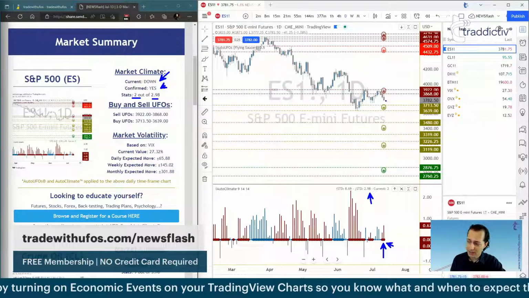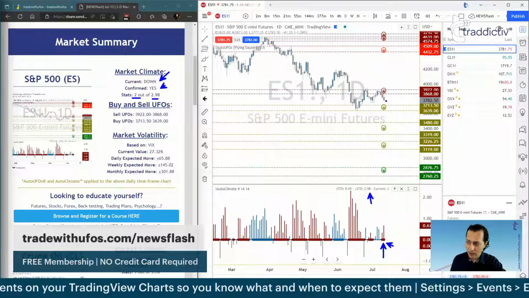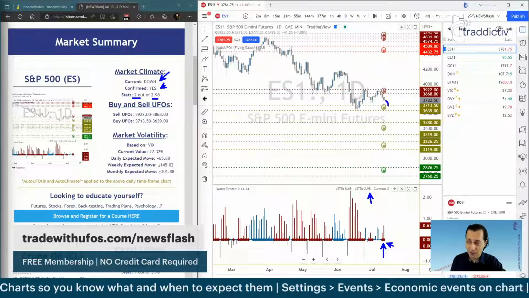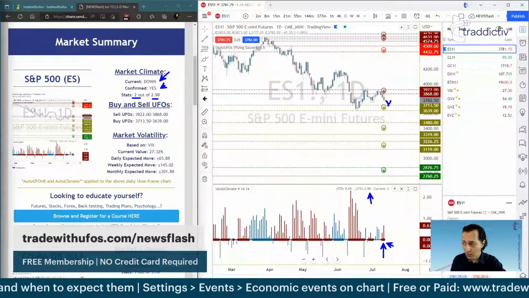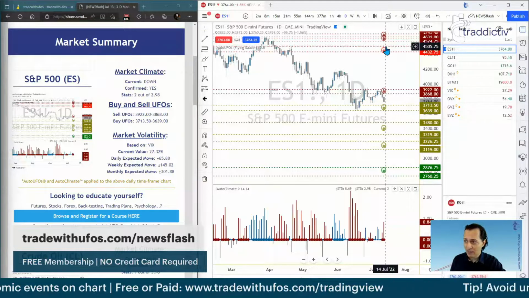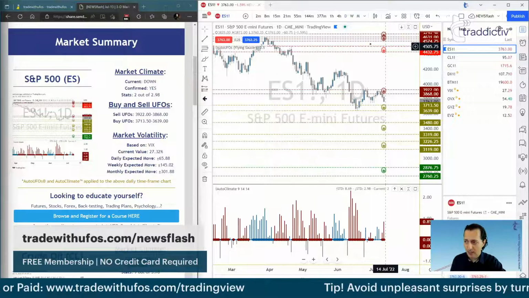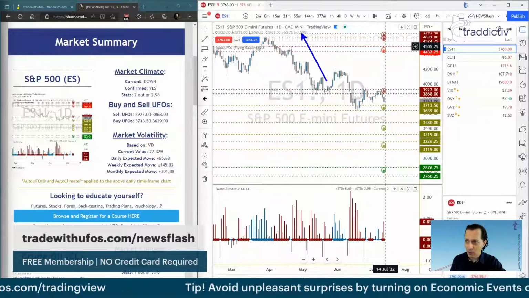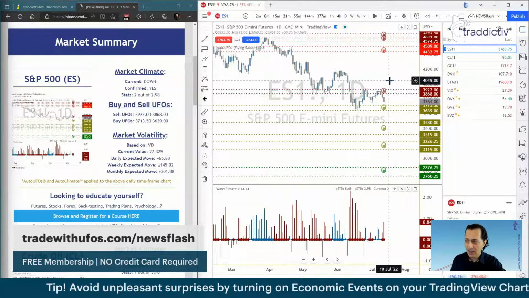Yesterday I was commenting that I would not be surprised to see the market come down for another day or two, get to this green UFO, and from there bounce. And it seems that this is what is happening. The S&P futures today are trading, as we speak, 1.59% below yesterday's closing price.